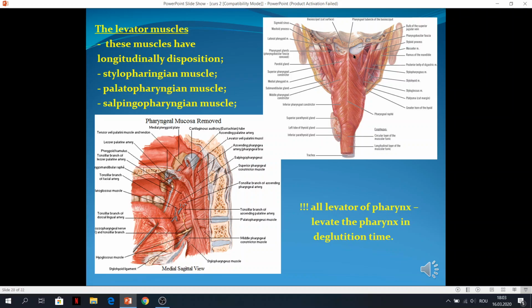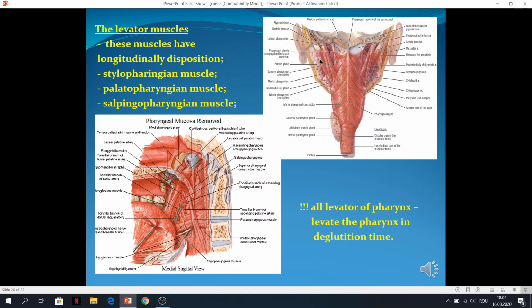Good. So constrictors, you saw superior, middle, and inferior. They are very important because they determine the progress of the food downward. But on the lateral side, we have another group of muscles, longitudinal muscles, which determine the pharynx to be moved up.